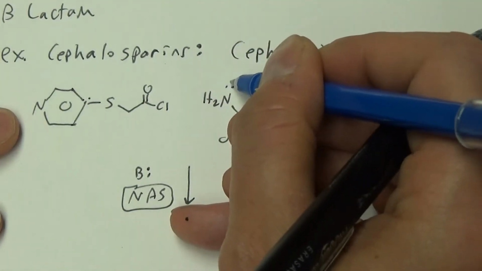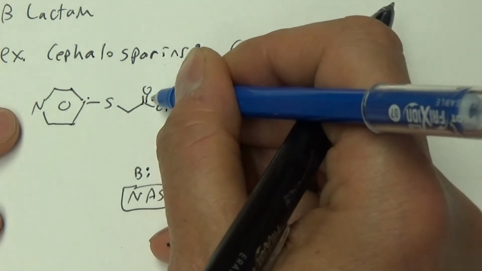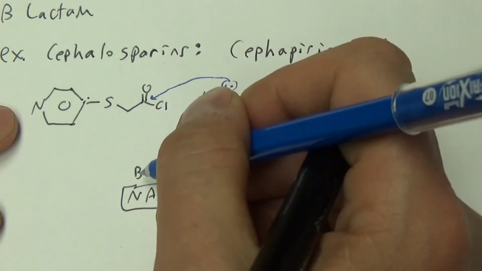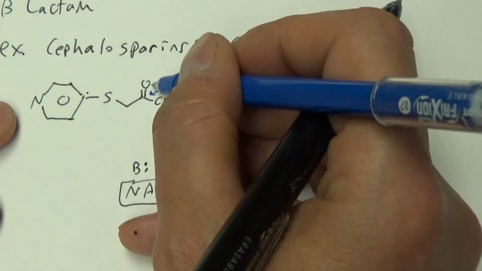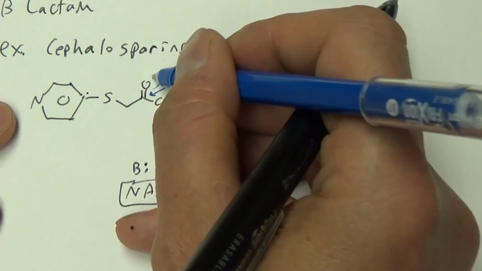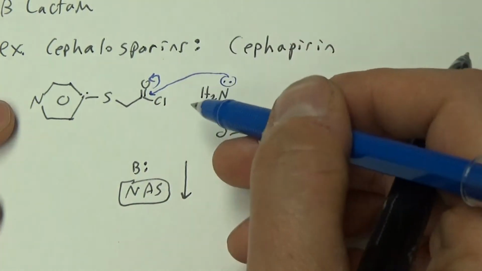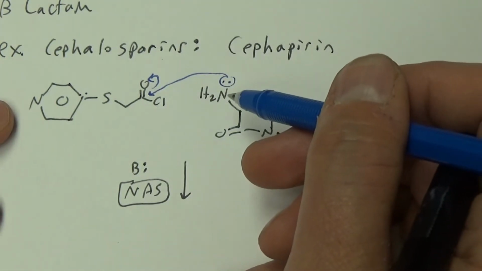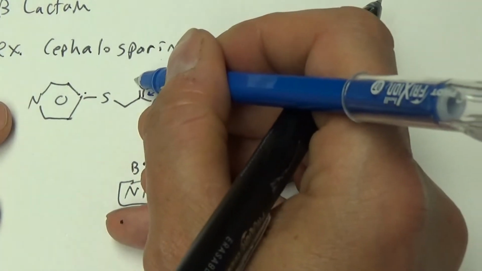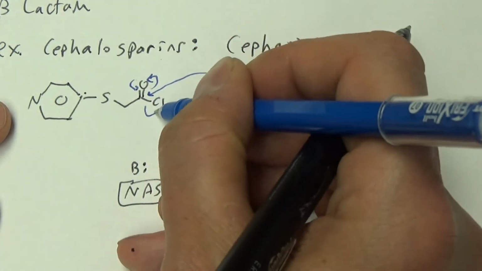It just attacks, and then the base comes in to take off one of the protons. Actually, it attacks, electrons go up, and then the base takes the proton. And then this collapses, kicks off the chlorine.